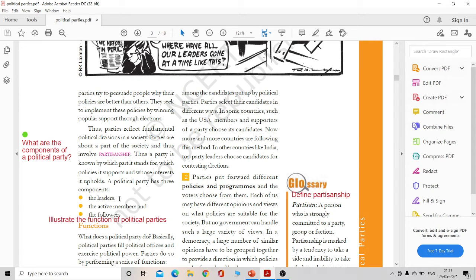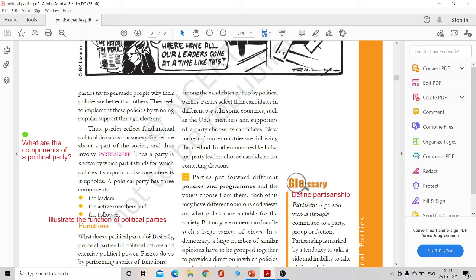The active members are the workers of the party, and the several MLAs or MPs who happen to be a part of the political party group, and of course the followers, which is the common people. So these things you need to elaborate upon if the question comes as a 3 marker. In order to get full 3 marks, you definitely have to explain each component, right?